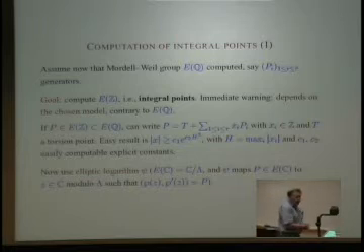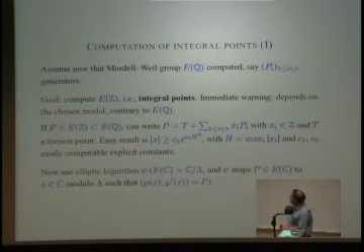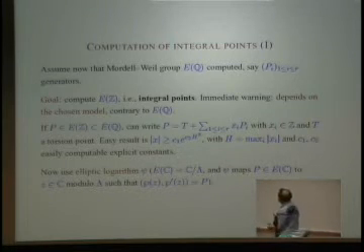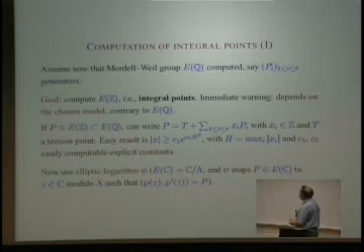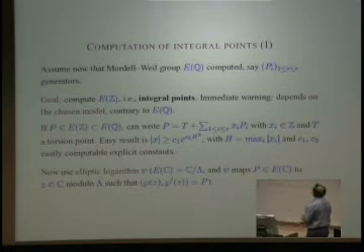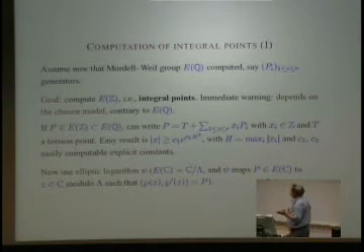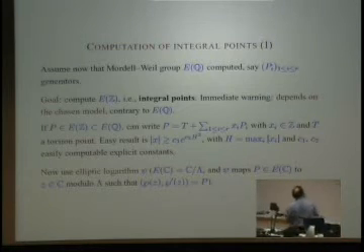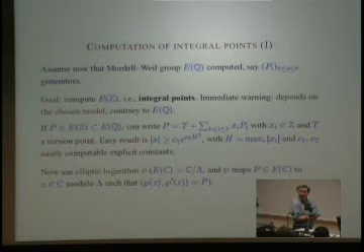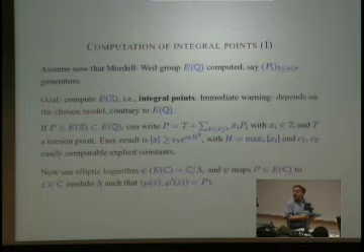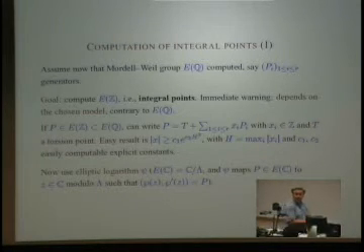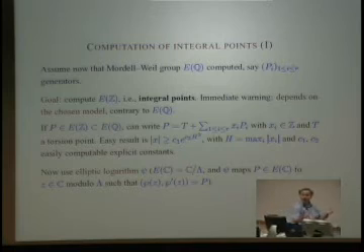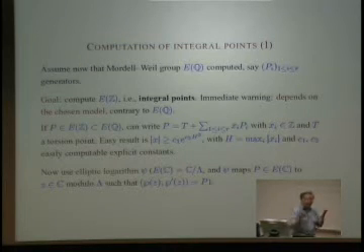Now, a very important warning from the very beginning: this question doesn't make sense. I shouldn't call it E of Z, because E of Z means that it's something which depends on E and on Z. Well, that's not true. It certainly depends on Z, but it doesn't only depend on E. It depends on the model that you have chosen for the elliptic curve. If you take an equation y squared equal x cubed plus ax plus b, that's one model.